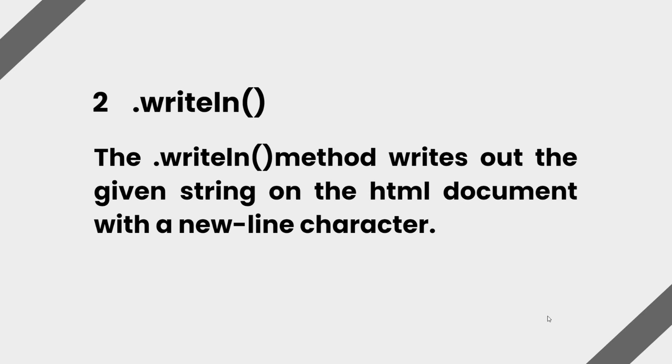So what this means is that rather than having the element on the same line, it will actually take it to a new line that's a different space on its own, because by default JavaScript is an inline level element, but with this particular method we are going to have our text on a new line.